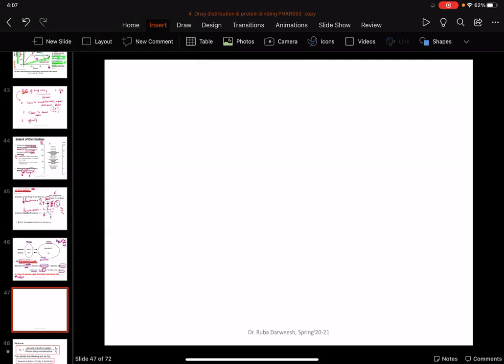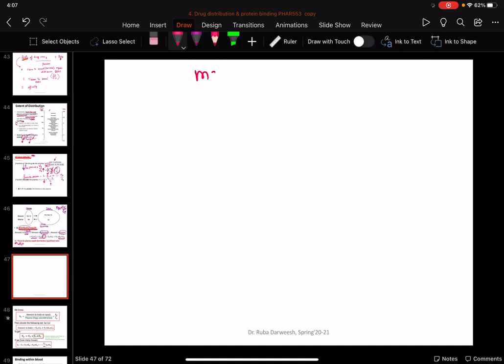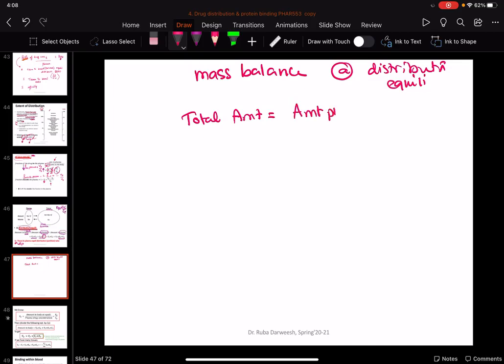okay. So again, let me write it: mass balance equation at equilibrium, at distribution equilibrium, in which total amount equals amount in the plasma plus amount in the tissues.